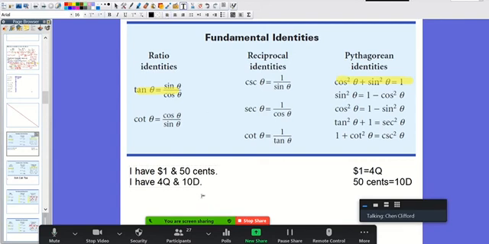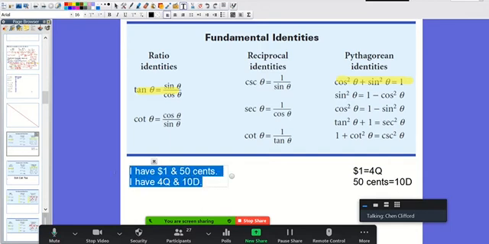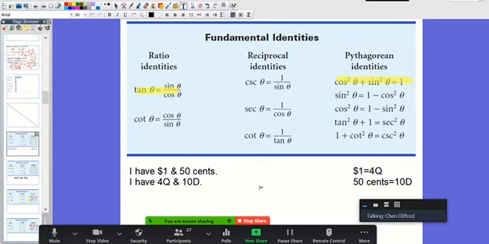So this is a very simple sentence where we use some very simple substitutions. That's basically the gist of what we're going to be doing, but with trig. It's just basically substitutions.